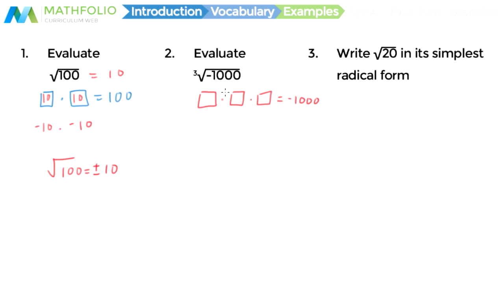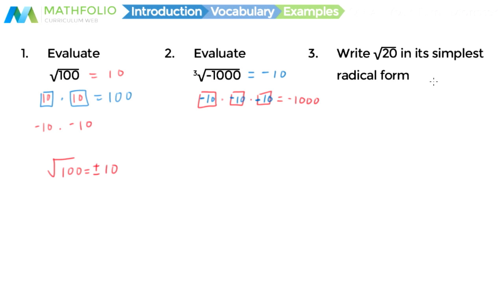So our answer is going to be negative 10 times negative 10 times negative 10. It can't be positive 10, because if it was positive 10, 10 times 10 times 10 would give us 1000, and we need it to be negative 1000. So in this case it's not plus or minus, it's only negative 10.